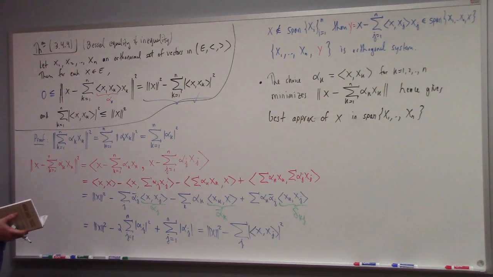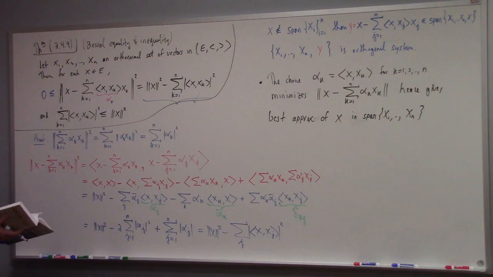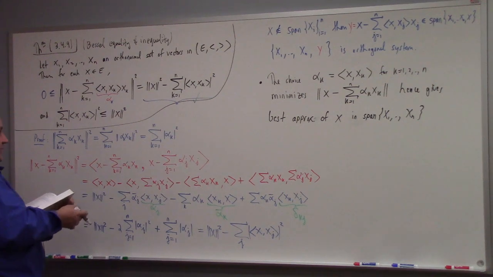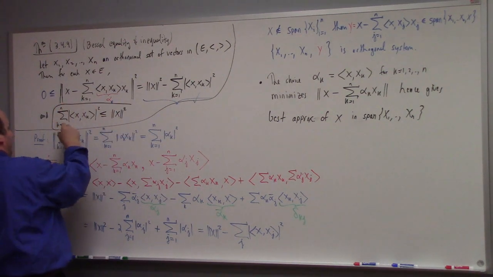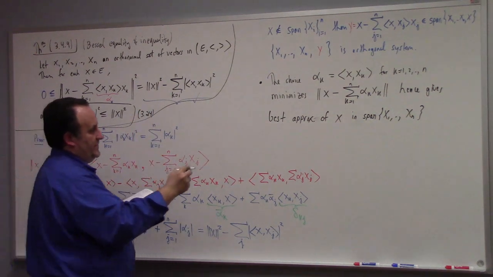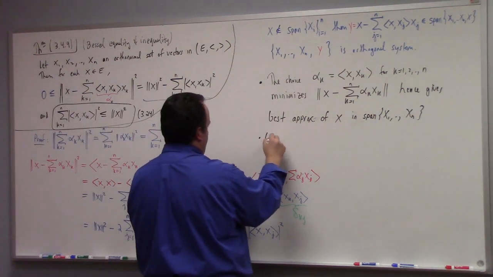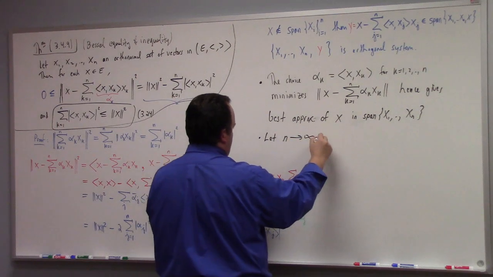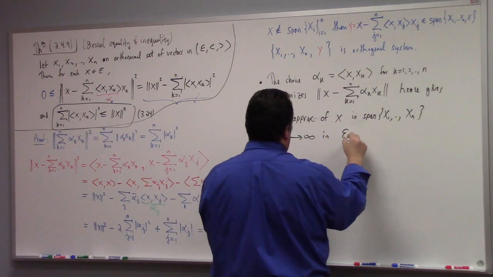All right. He says, if x_n is an orthonormal sequence, by letting n go to infinity in 3.24, okay, so this right here is 3.24. Let n go to infinity in equation 3.24.